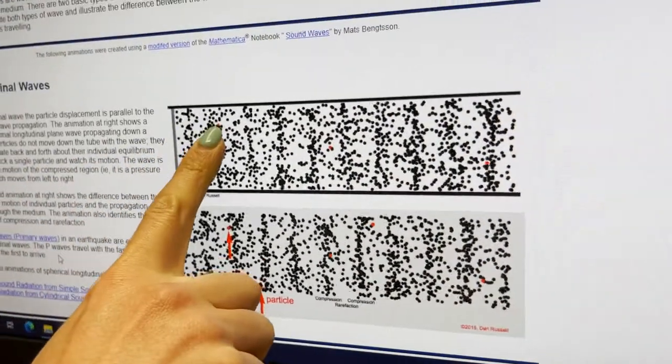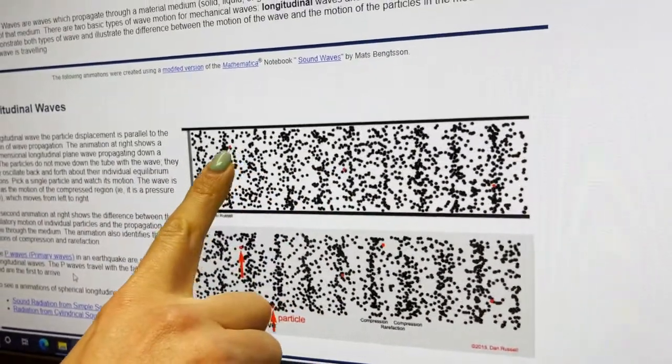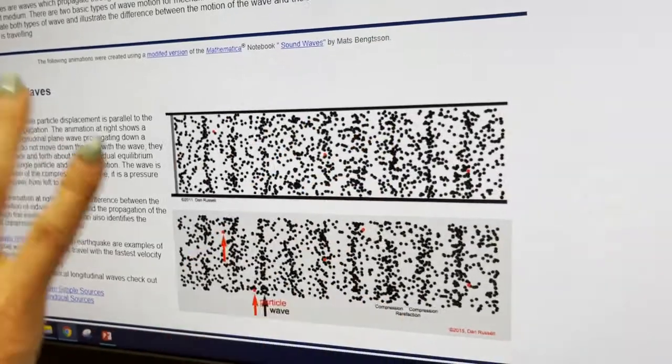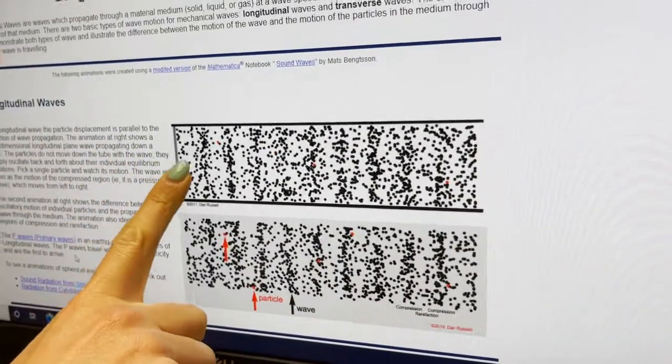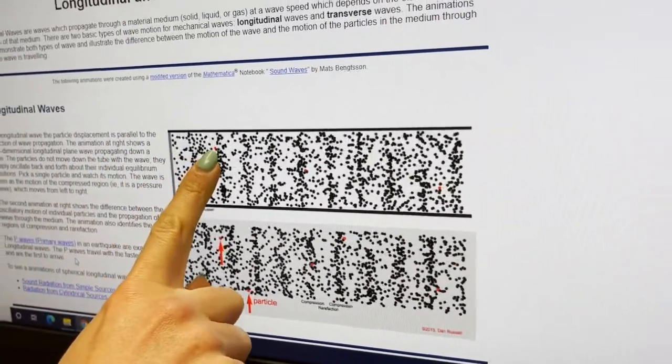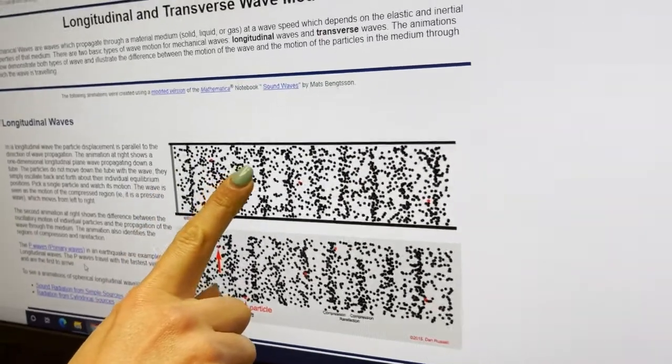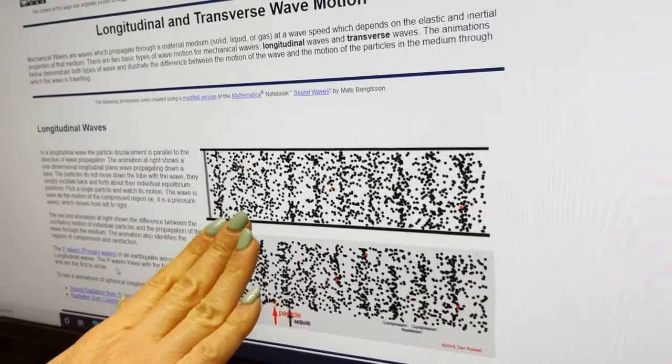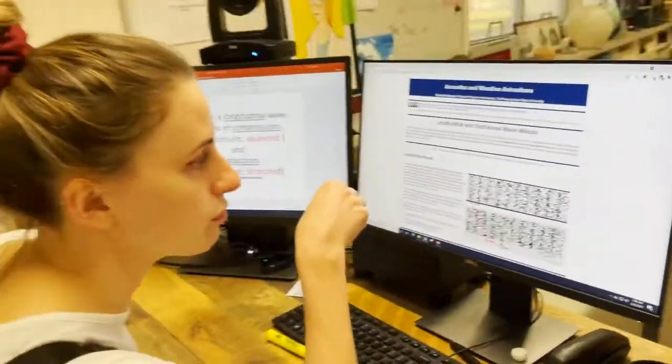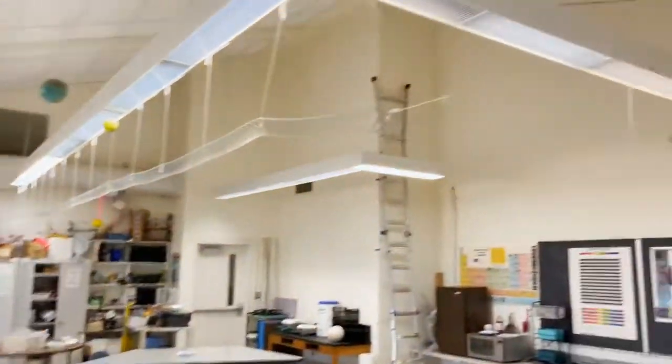Now, the particles themselves are not traveling. They're moving, but they're not traveling across. That's the wave. The wave is traveling across. However, the particles are simply being pushed, squeezed, and stretched, and sending that wave across the room. And we saw that with the slinky here.